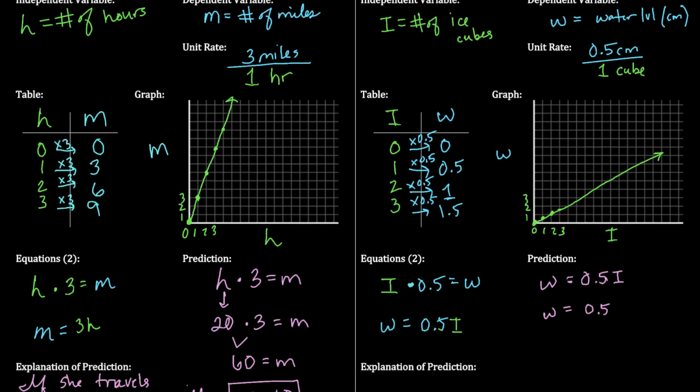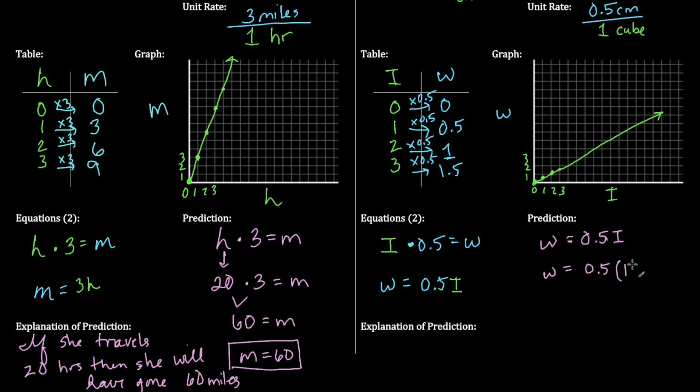They gave us 13.5 ice cubes. And so the change in water level will be 6 and 7/500. You multiply there, so I already know the answer. 6 and 7/500 centimeters. Don't forget your unit of measurement.